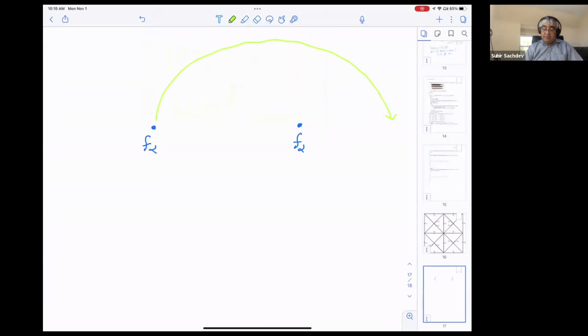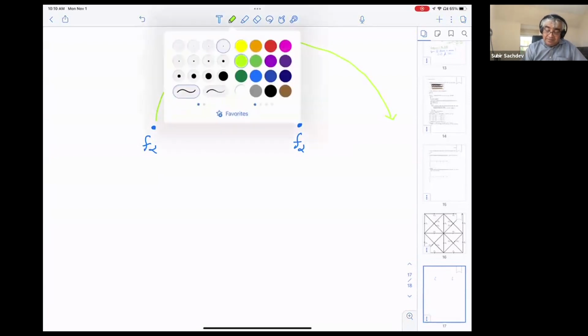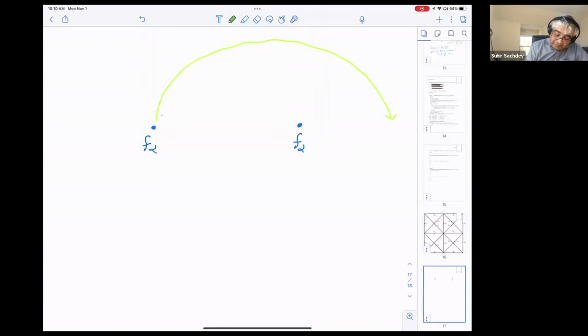Now what the Chern-Simons term does is it attaches a flux tube to each particle. So as this particle is moving around the other particle, it's as if the particle also has a flux associated with it. And the flux in this case will be pi, I believe, if I get it right.